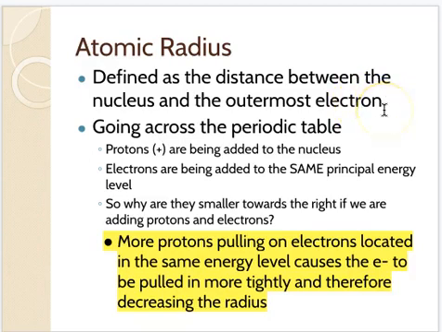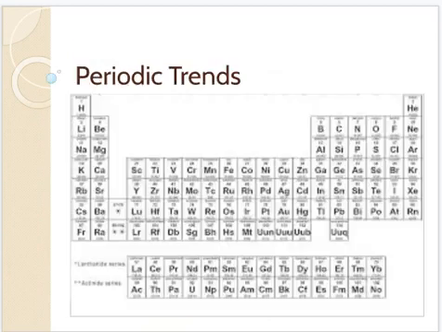And what we know about this is that as you move across the periodic table, going from left to right, we're adding protons to the nucleus, right? So if you take a look at this periodic table here, I've got lithium, which has 3 protons, beryllium, which has 4, boron has 5, and so on, going across. So as we go across these periods, we are adding more protons.